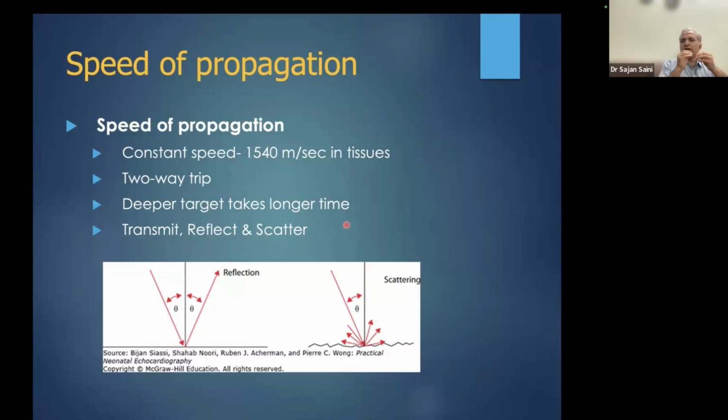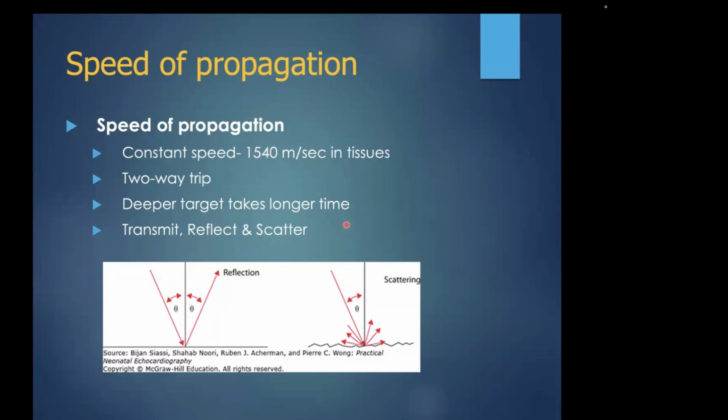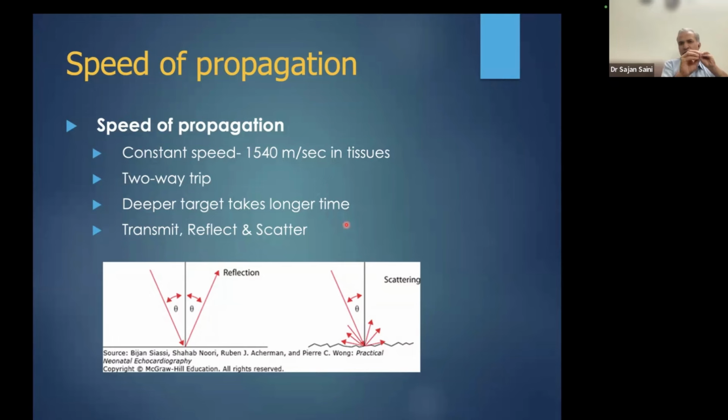The deeper the area of interest inside the body, the longer it takes for ultrasound to go and come back. This algorithm is inbuilt inside the machine, and we'll shortly discuss the formula. The machine knows the time taken and the speed of the ultrasound wave, and thus calculates the distance between the transducer and the object of interest.